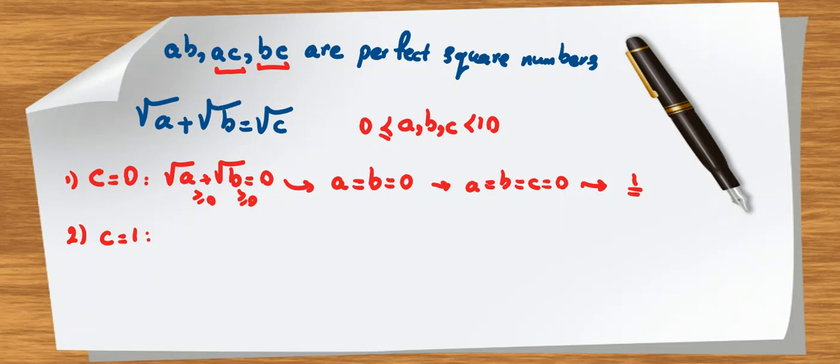Why? Because if you multiply AC times BC, it will be AB times C squared. They are two perfect squares, and the product of them is a perfect square because each of them is a perfect square, so AB is also a perfect square. So we only need to focus on these two parts.